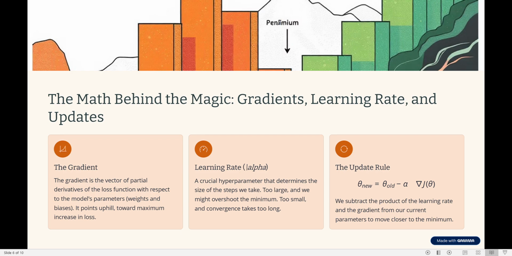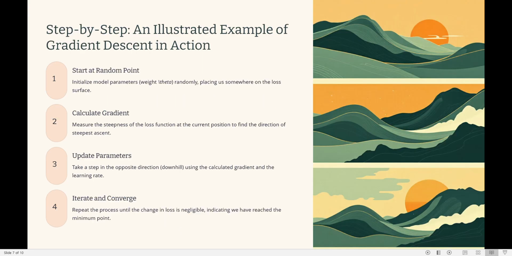Now we see an example, step by step, of gradient descent in action. Our first step is to start at a random point. We initialize the model randomly. This places us somewhere on the loss surface. Second is calculate the gradient. We measure how steep the surface is and find the direction of steepest ascent.